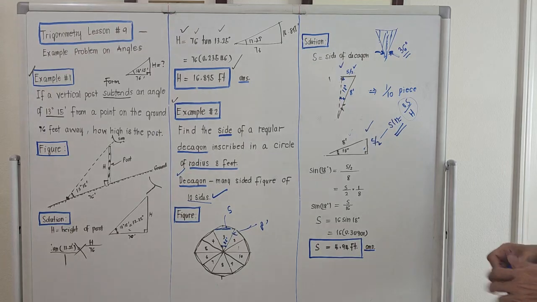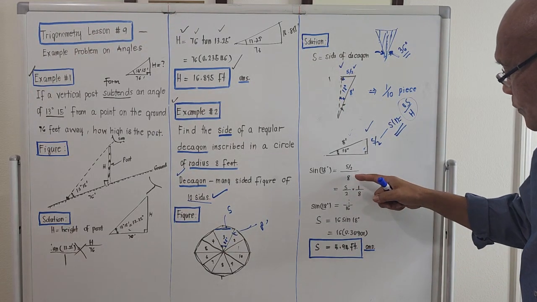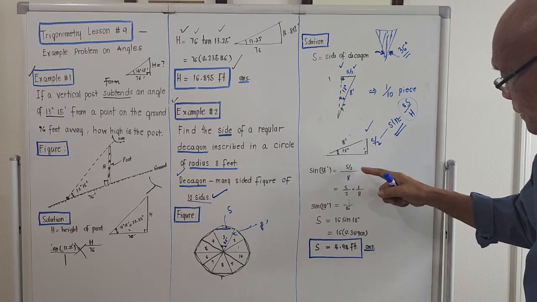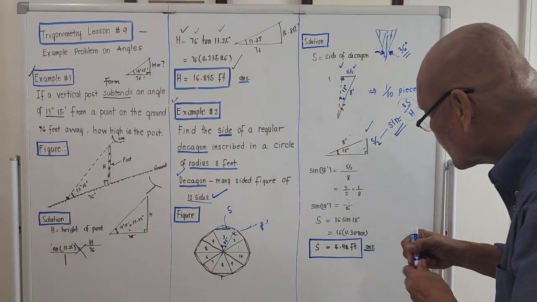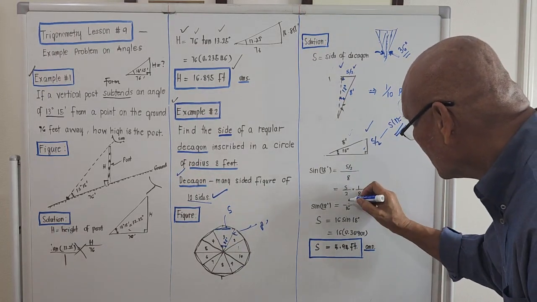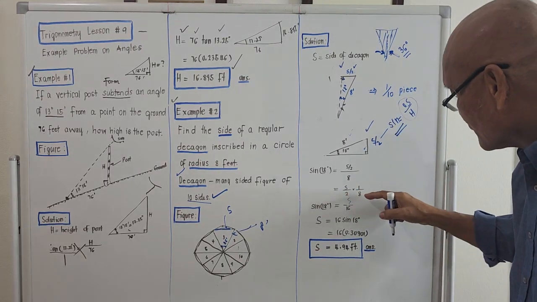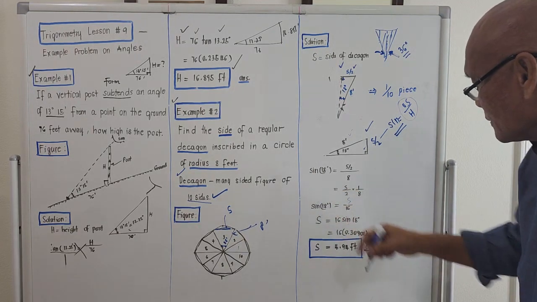Rearranging or simplifying the right hand side, it will be s over 2. Okay, we change the operation from division to multiplication. We will take the reciprocal of this times 1/8. Simplifying, s times 1 will just be simply s. Right? And 2 times 8 will be 16. And this should be equal to sine of 18 degrees.